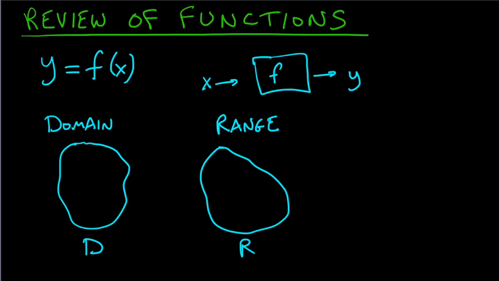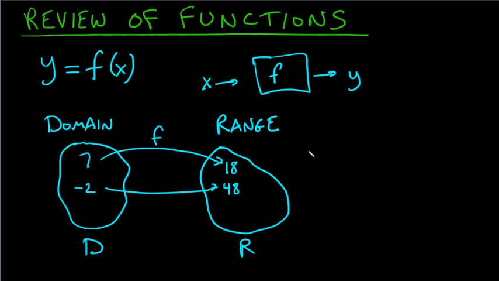So for example, if the number 7 is your x, it might get mapped by the function f to the number 18. The number -2 might get mapped to the number 48.